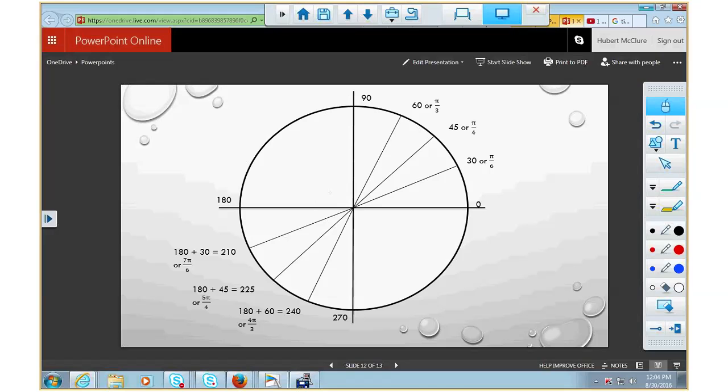We did this the other day, but I drew it kind of poorly. So you should be able to fill out the other one by saying, what is 360 minus 30? What is 360 minus 45? 315. And what is 360 minus 60? And then you change them by multiplying by pi over 180 and reduce it. So make sure you can do that.